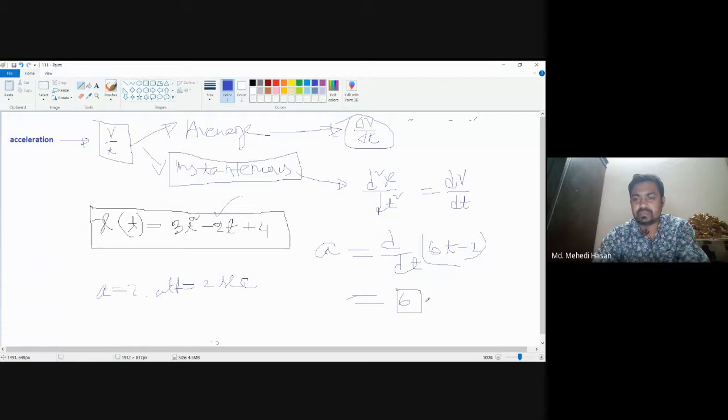It will be 6 meters per second square at t equal to 2 second, or at t equal to 5 second, at t equal to 100 second also. Okay, so this is constant. If velocity is constant, then acceleration will be 0, because the differentiation of a constant velocity will give you 0. So this is the instance case. I am not going to the average acceleration. Okay. So anyone have any question?